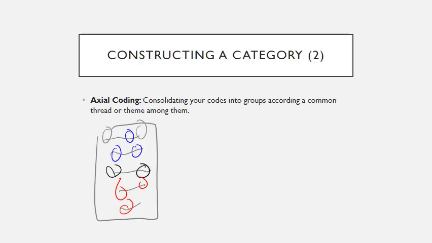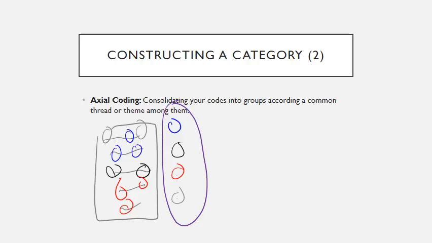What axial coding is basically saying is, okay, here's a common code that's in my research, here's another thing out there, here's another thing out there. Axial coding is basically taking these and grouping them. What's the common theme among these codes that I'm seeing?